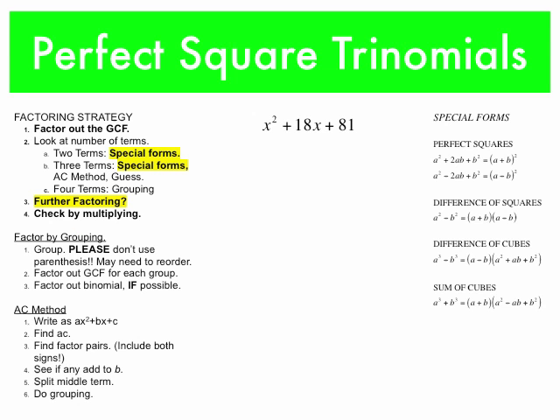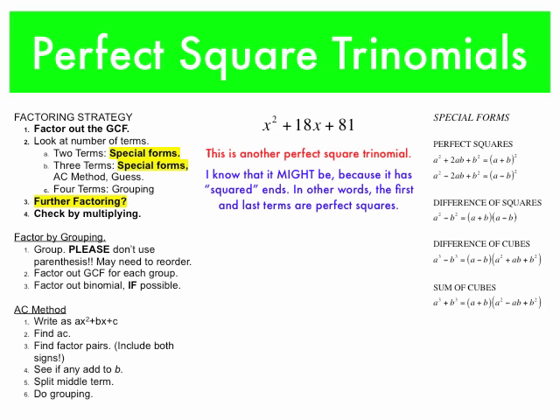So let's look at x squared plus 18x plus 81. Does this have the chance of being a perfect square trinomial? Well, let's look at the ends. x squared is a perfect square, and 81 is 9 squared, because 9 times 9 is 81. I need to verify that the middle term really does fit the form.